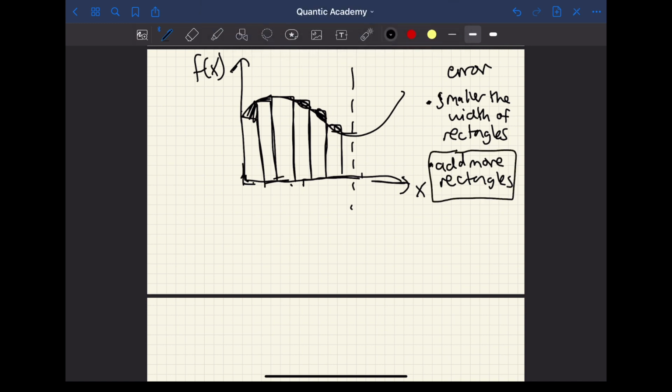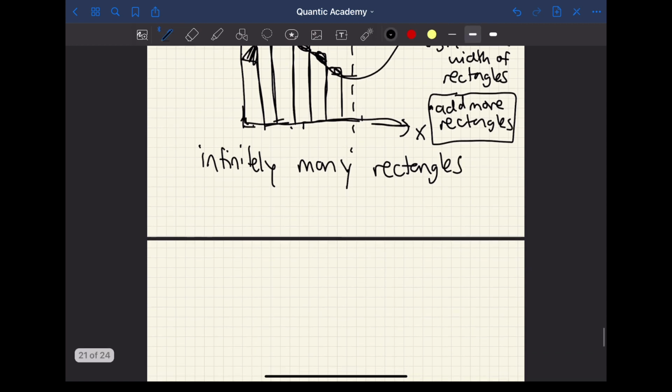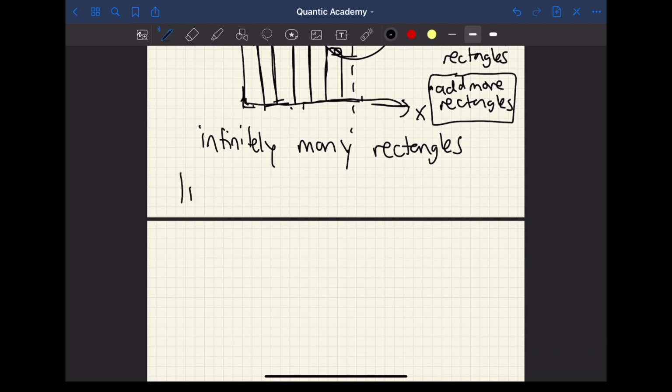So if I add infinitely many rectangles, then there'll be no error at all. And then it would be the exact same as the area under the graph. I cannot add infinitely many rectangles. That makes no sense. So what we do is we say we're taking the limit.